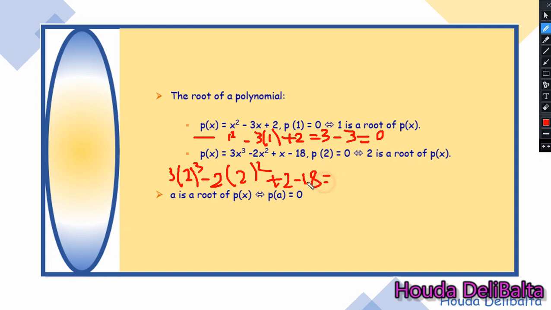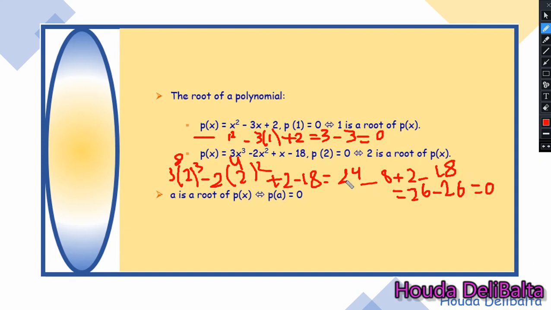Now 2 cubed is 8, and 8 times 3 is 24. 2 squared is 4, and 4 times 2 is 8. So I have 24 minus 8 plus 2 minus 18. If I collect the positives together, 24 and 2 will give me 26, and minus 8 and minus 18 will give me minus 26, and finally the answer is 0.